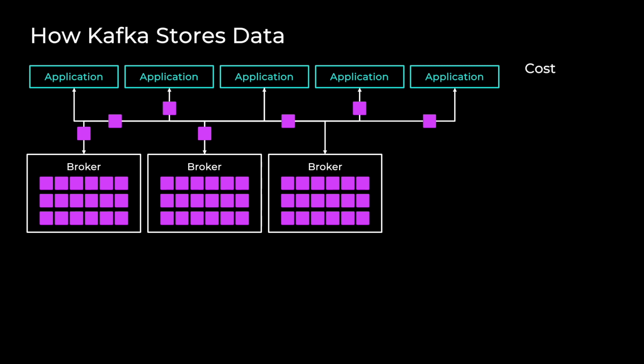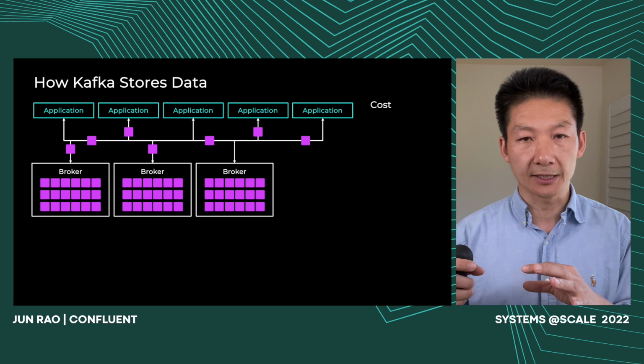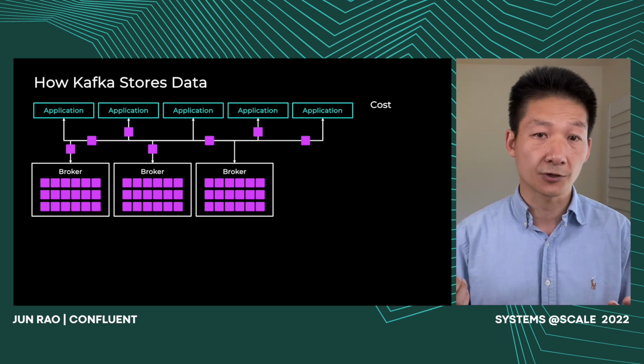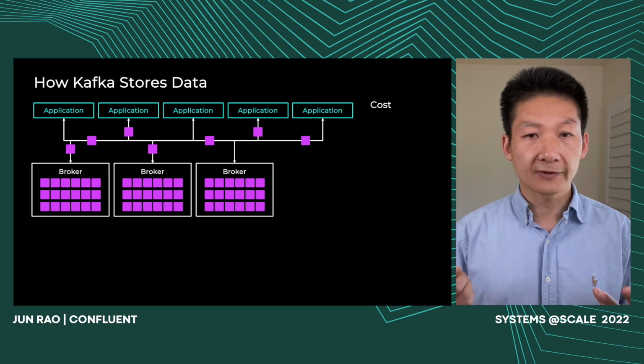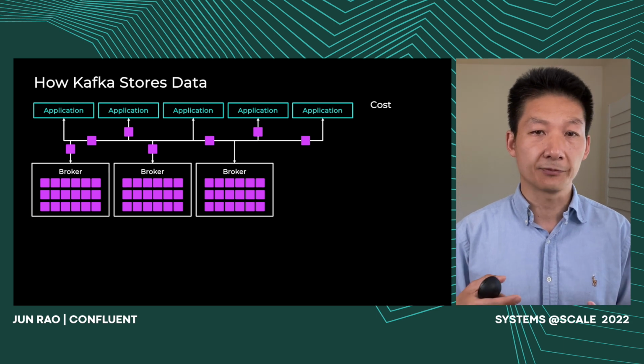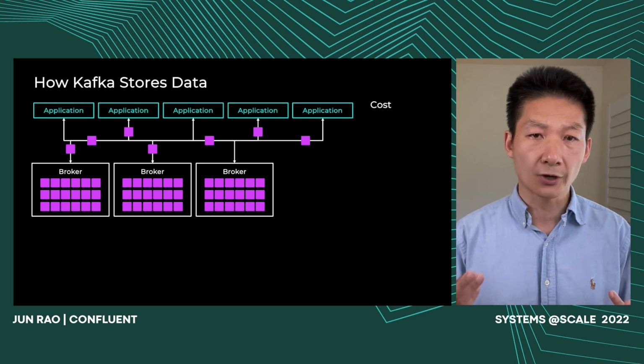The first issue is in terms of cost, because if you look at this, in Kafka, we have two types of data. One is what we call real-time data, right? This is actually where most of the applications are consuming, because most of the applications want to be real-time. But for various reasons, most of the applications want to keep the data in Kafka much longer. This can be for fixing application mistakes or bootstrapping.